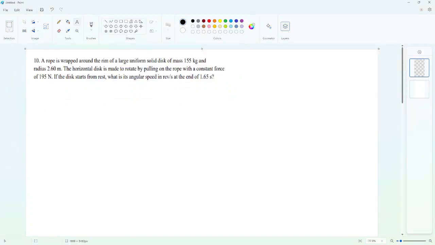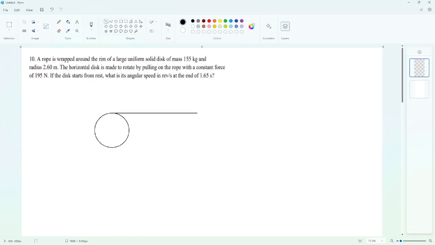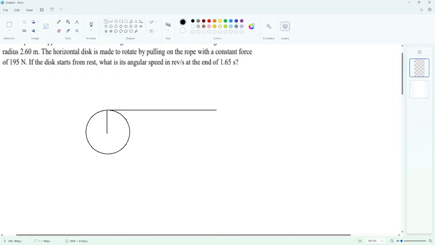All right, this is the last question. It is a bit weird, heads up, but let's go ahead and get it. A rope is wrapped around the rim of a large uniform solid disc of mass 155 kilograms and a radius of 2.6 meters.